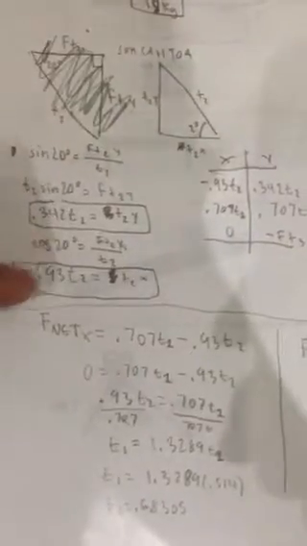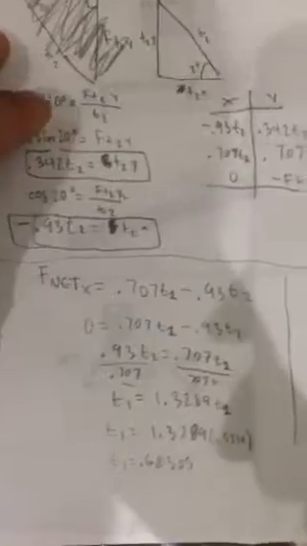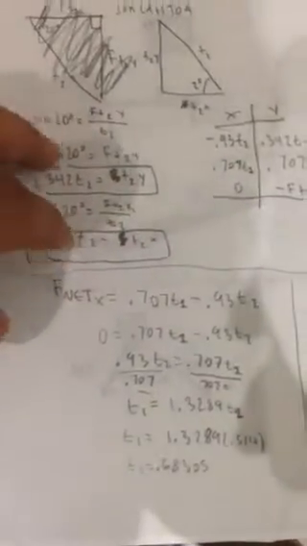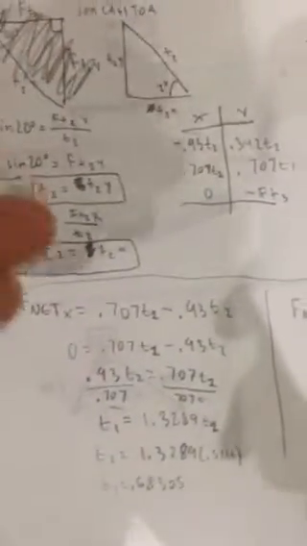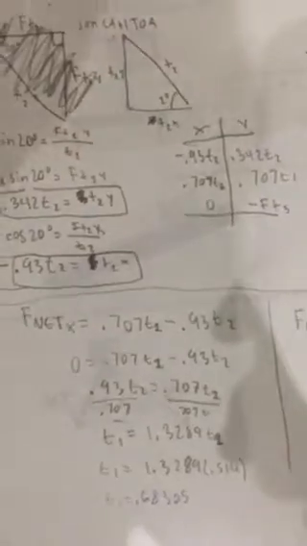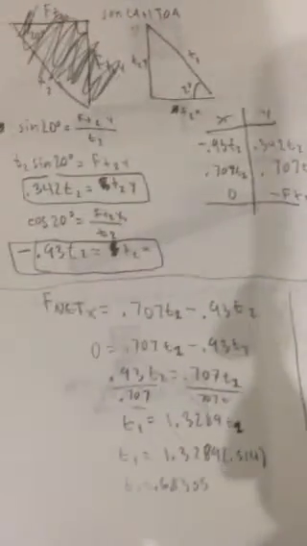For the case of X, here are the values: negative 0.93, which is here, and 0.707, and you simply sum them up. In this case you will have to subtract them because one of them is negative.